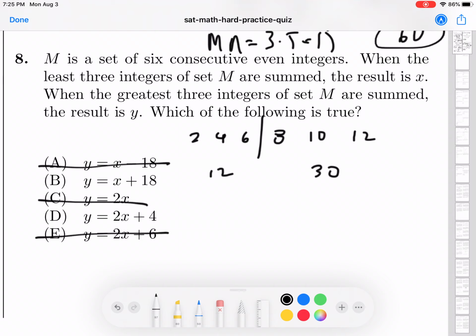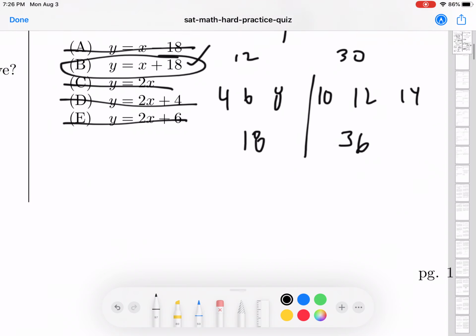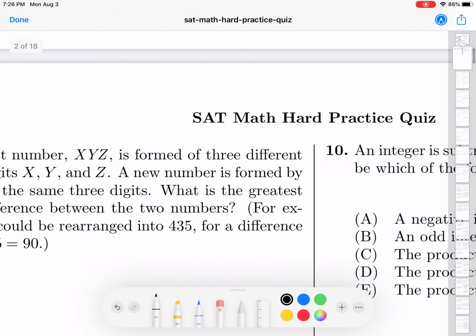That isn't true. But we're left with these 2 options. So let's try the next set. And this gives us 18 and 36. So that's no longer true. So the only one that works is B. And you can just choose any set of integers.